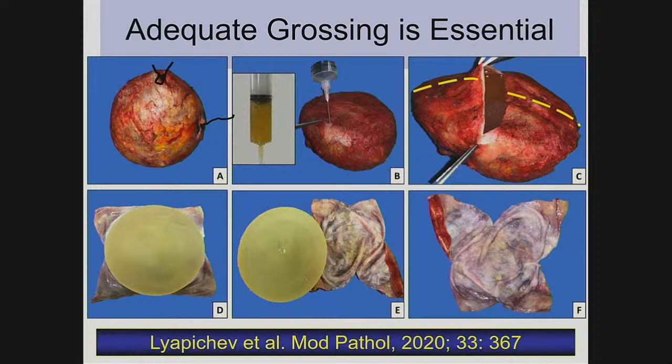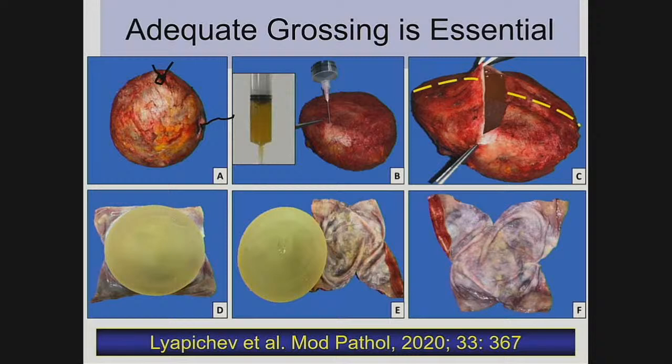When we receive the specimens, it's essential to do an adequate grossing. So we require from our surgeons that the specimen is oriented with sutures denoting the superior margin or the lateral or medial margins, and we palpate the specimen to see if there is any fluid, so we aspirate and send for processing.